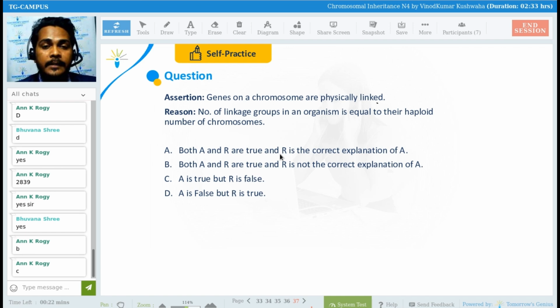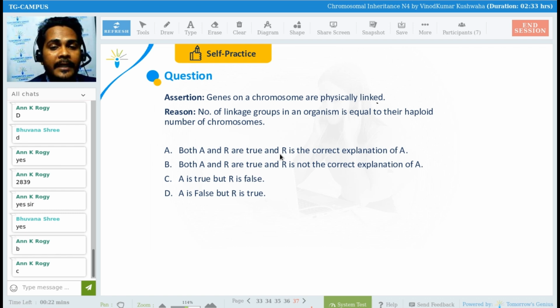This is a self-practice question, an assertion and reasoning type of question. Genes on the chromosomes are physically linked. I think this statement is true, right?